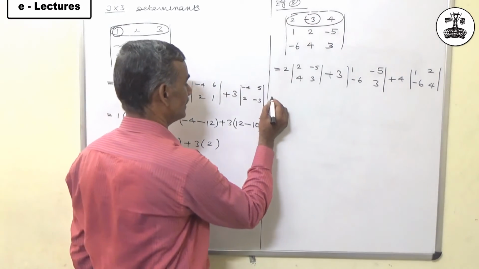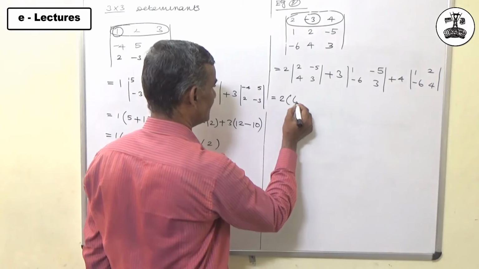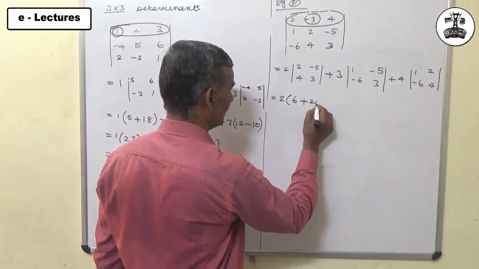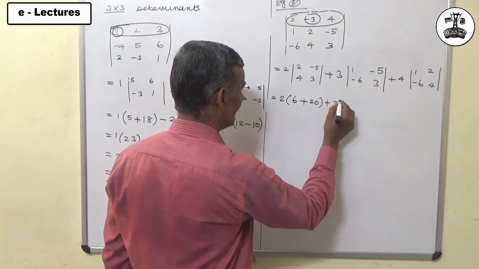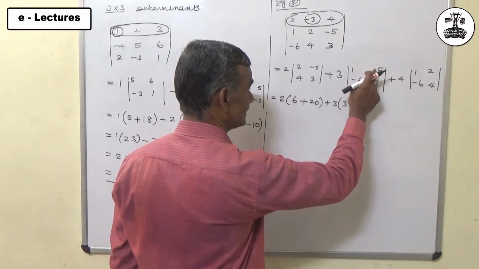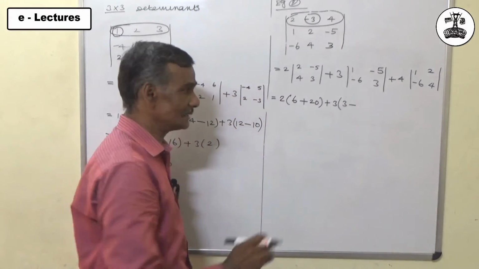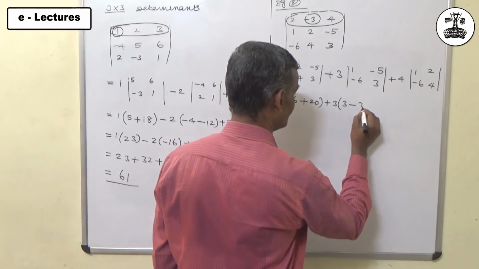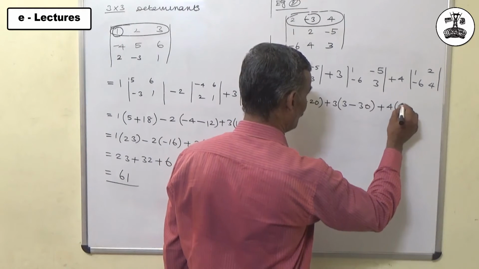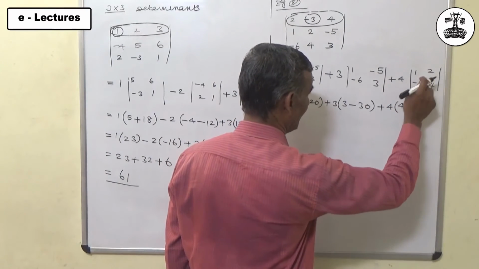So 2 into 6 minus 20, therefore plus 20. Plus 3 into 3 minus 6 into minus 5 plus 30. So minus as it is. Plus 4 into 4 minus 12.